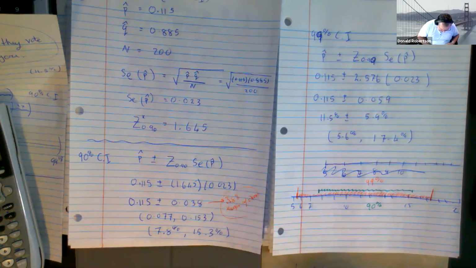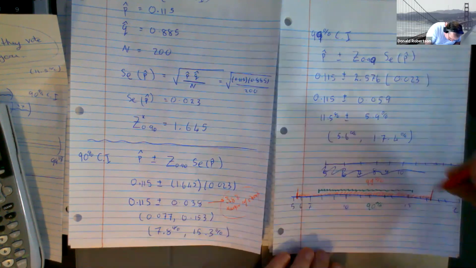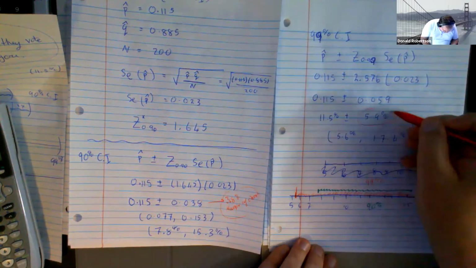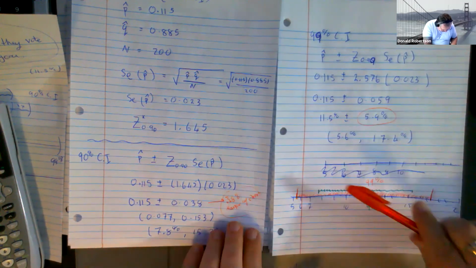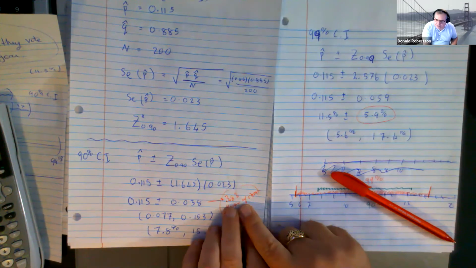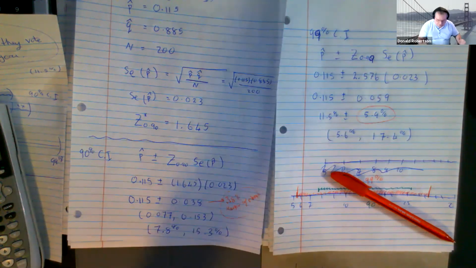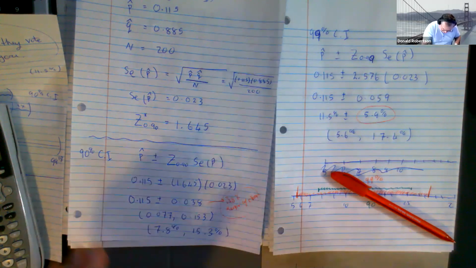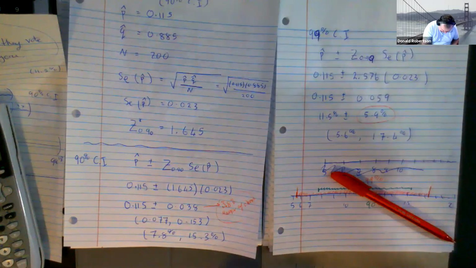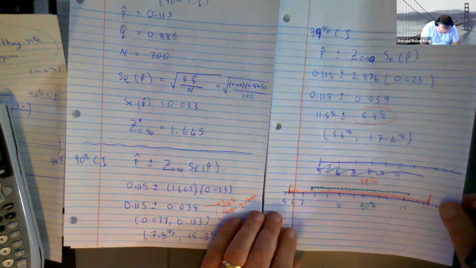So if you do a 99% confidence interval, your margin of error is almost 6%. If you did a 90% confidence interval, your margin of error is only 3.8%, right? Smaller margin of error, smaller interval. Bigger margin of error, bigger interval.